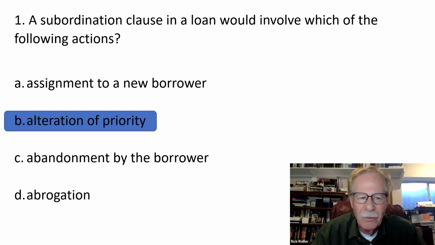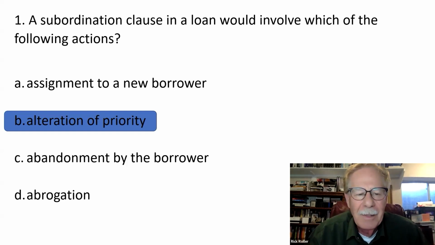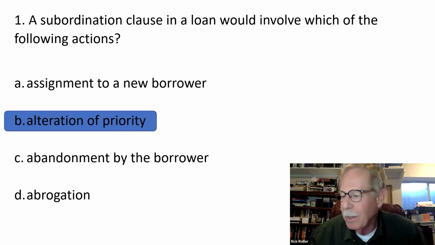First to record is first in right, unless that first to record, that lot loan, has a subordination clause, which allows that loan to be changed in its priority. So the bank won't give you the construction loan unless they're number one, in first position. So in order to accomplish that, it has a subordination clause. Now, we're not going to rely on a subordination clause if we're a construction lender.